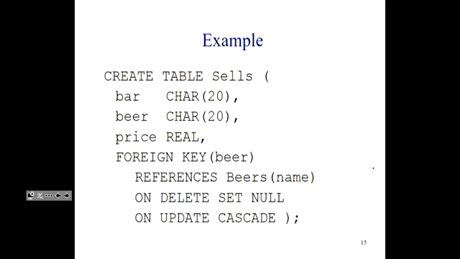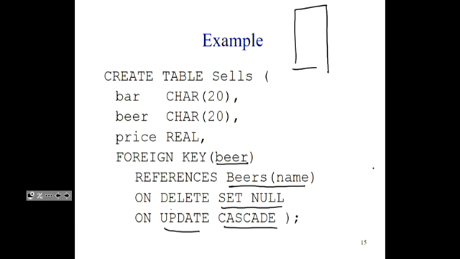So here's an example. In this case, I have the sells relation, once again, with the foreign key from beer to beers.name. So once again, it's a foreign key from sells to beers. And I'm saying on delete, you go ahead and set null, and on update, you cascade it. Okay?